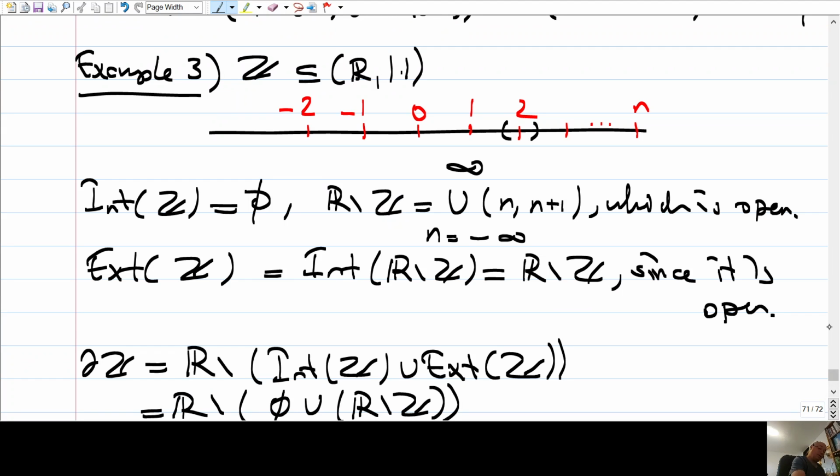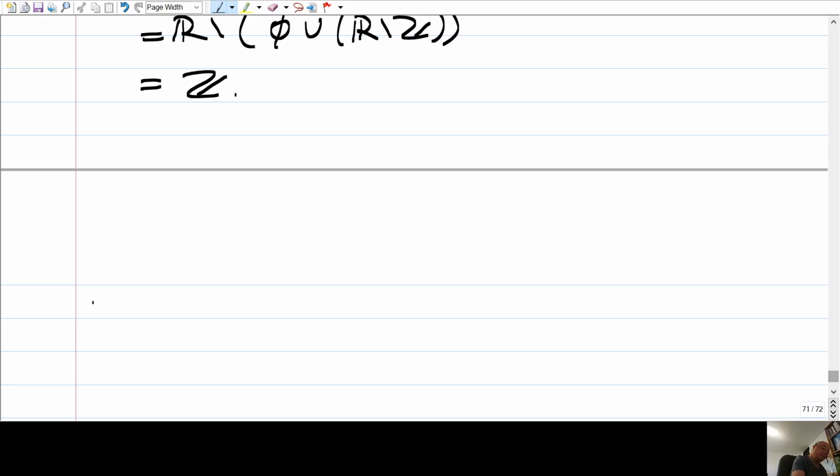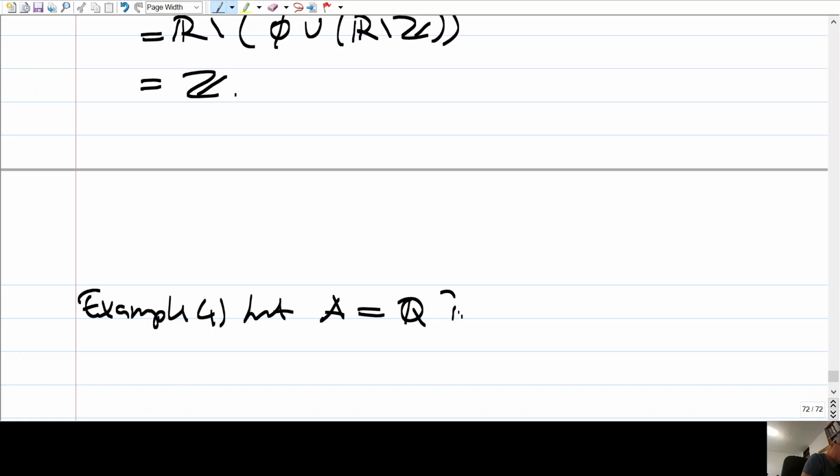And maybe one more example. Let me see how many minutes I have. Well, I don't actually have many minutes, so let me just write this. Let A be the set of rational numbers inside R with the absolute value metric.